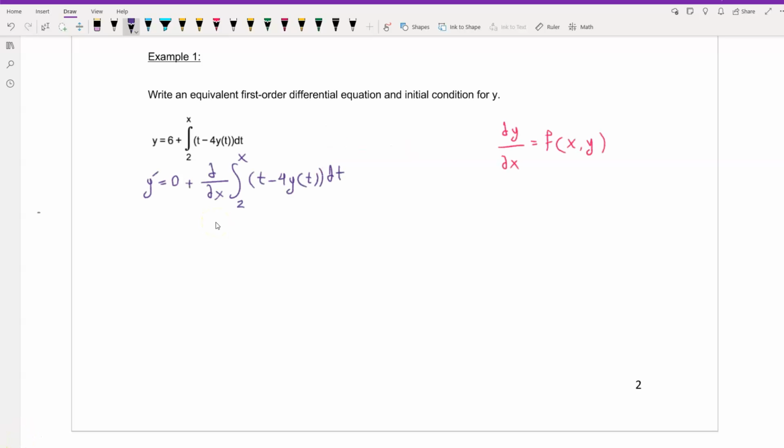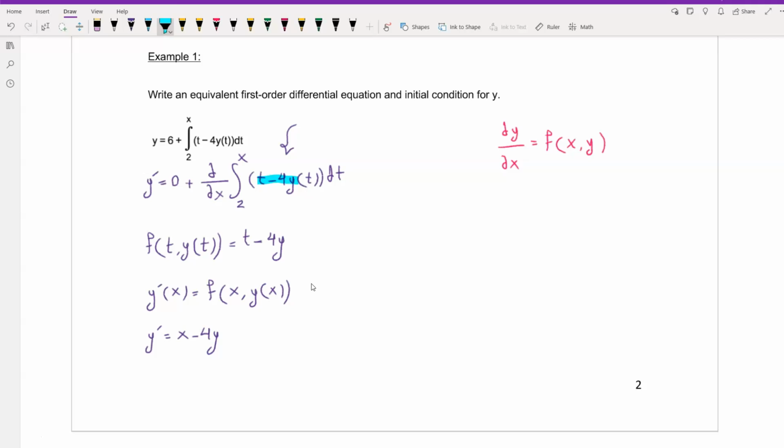Take the derivative of each side of the equation with respect to x. So what we have here, y prime is equal to 0 plus d over dx of the integral from 2 to x of (t minus 4y(t)) dt. In the given equation, f of t comma y(t) is t minus 4y.